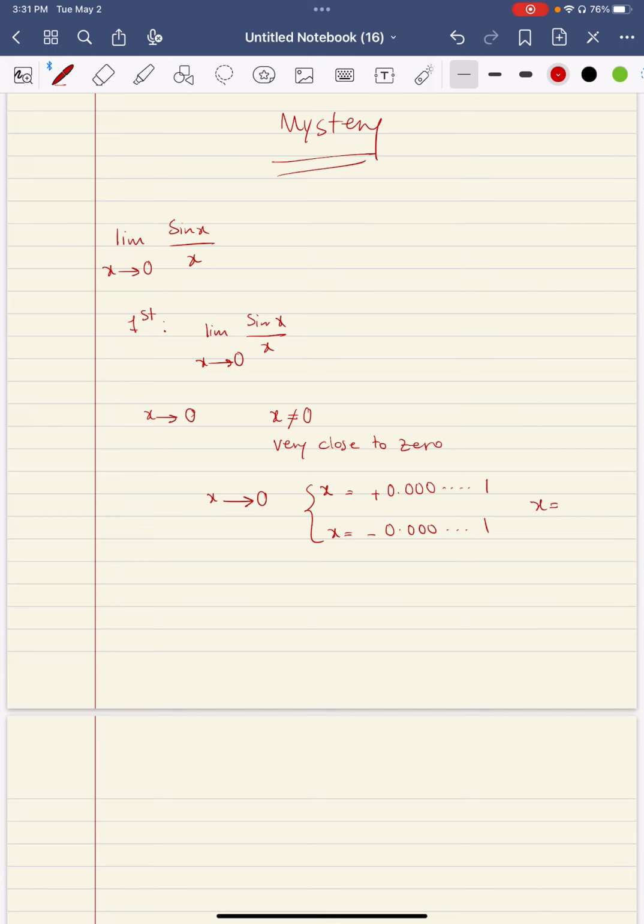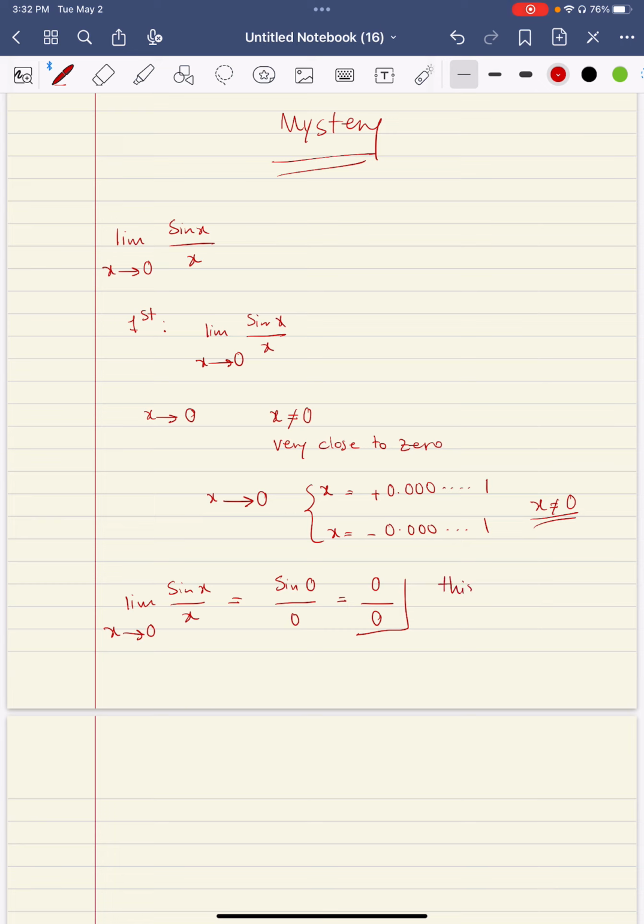But it cannot be exactly 0. So by knowing this, let's replace x with 0 in our question. The answer would be sine of 0 over 0, sine of 0 equals 0. So we will get to this as the answer.